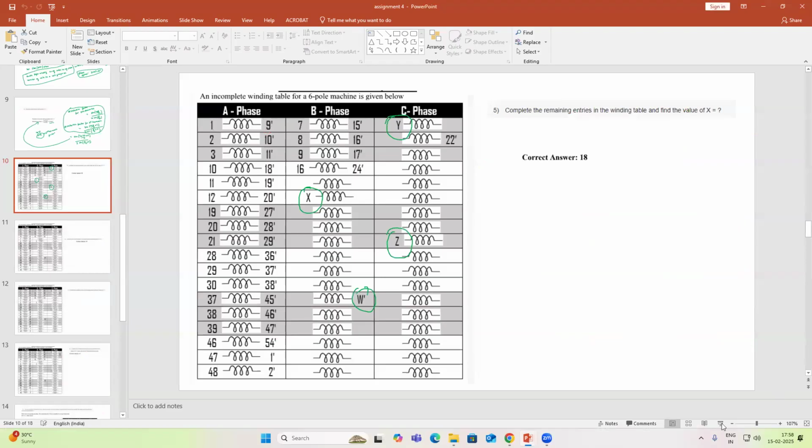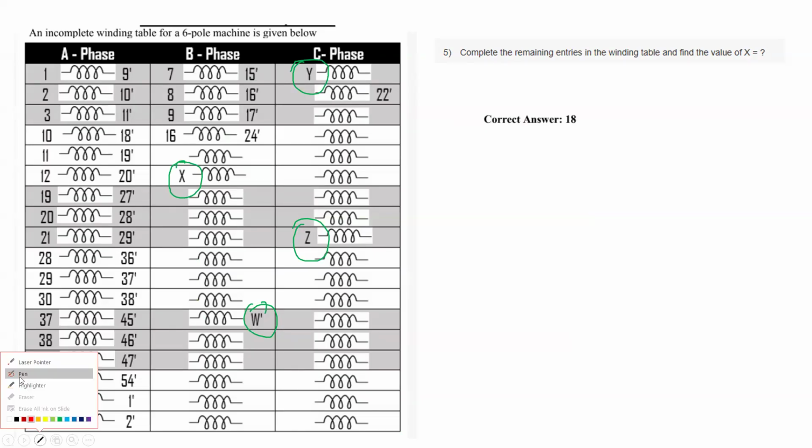So now in the next questions we have to find this y, x, z, w dash.